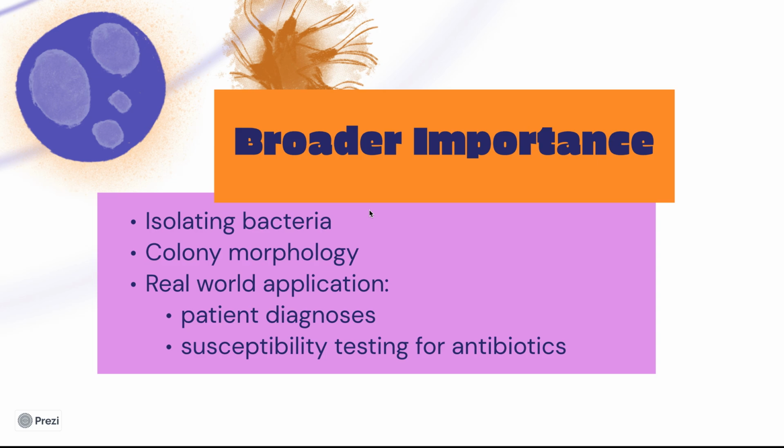So I wanted to mention a real world example with this. If you have a patient who comes in with a symptom of a urinary tract infection, they might require culturing to identify what bacterial species is involved. And it's possible that they might have 2 different strains of bacteria present as well.